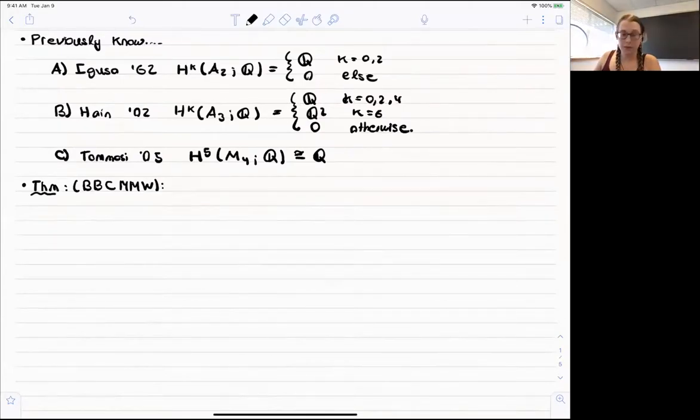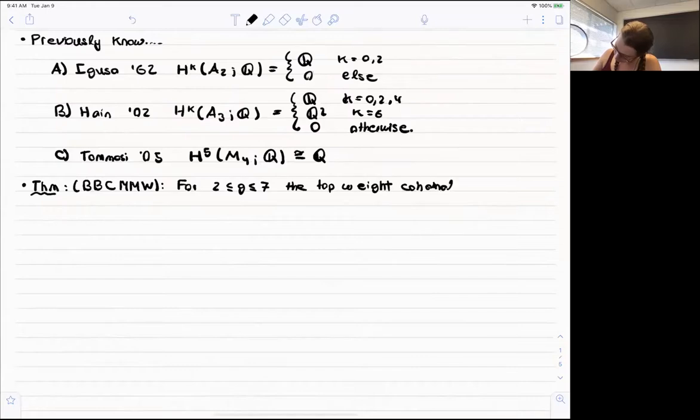And it says, for g between 2 and 7, the top weight cohomology of A_g is 0, except in the following cases. So I have a nice big long list of cases.